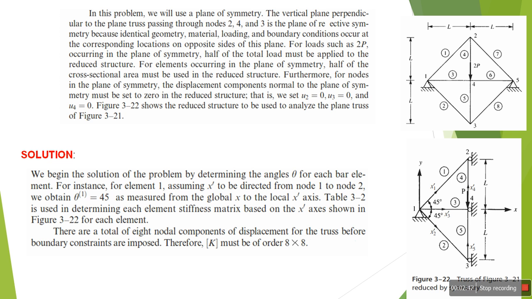The vertical plane perpendicular to the plane truss passing through nodes 2, 4 and 3 is the plane of reflective symmetry, because identical geometry, material, loading and boundary conditions occur at the corresponding location on the opposite side of this plane.